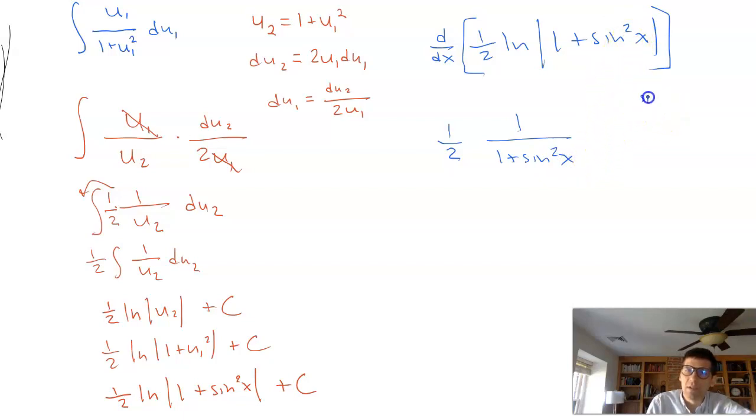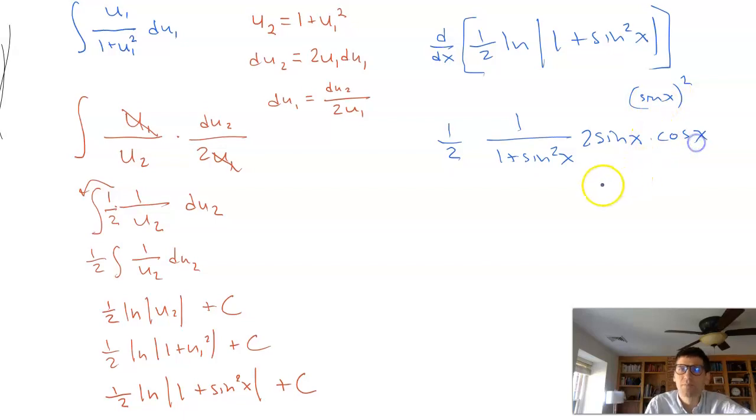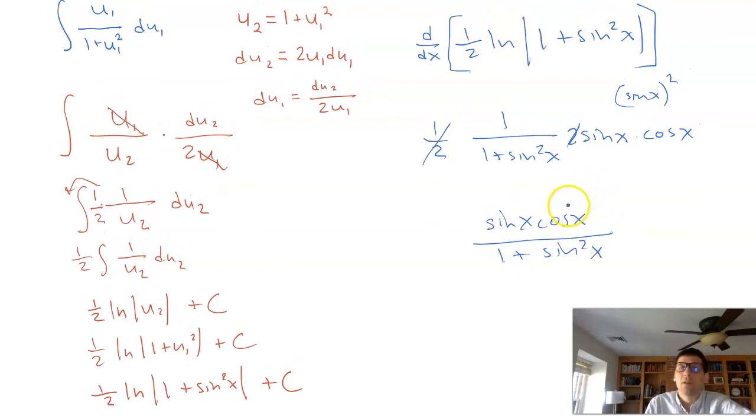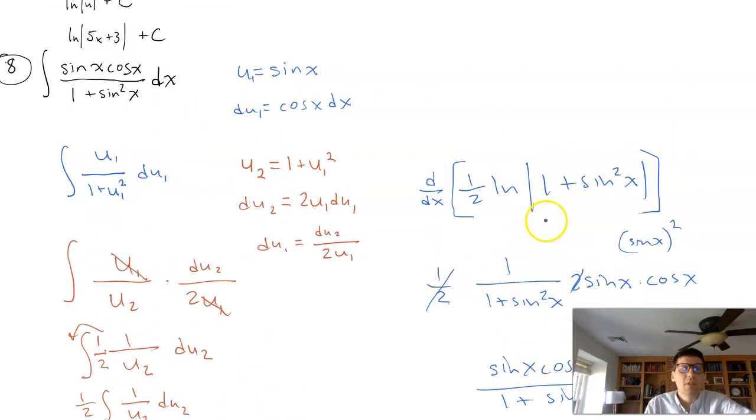This is the same as sine of x squared, so power rule it, bring the 2 down, times 2 sine of x, times the derivative of the interior, which is cos of x. If I multiply the 1/2 times the 2, those cancel, and I'm just left with sine of x cos of x over 1 plus sine squared of x as the derivative. Is that what it was?